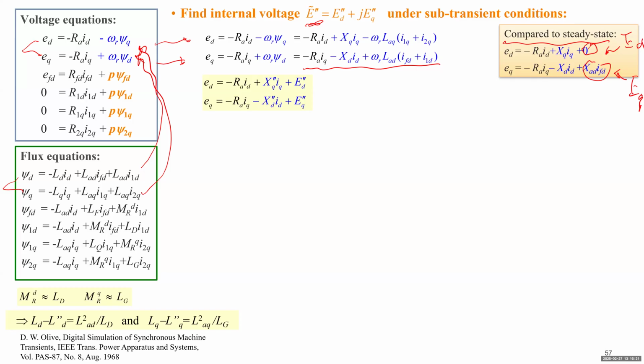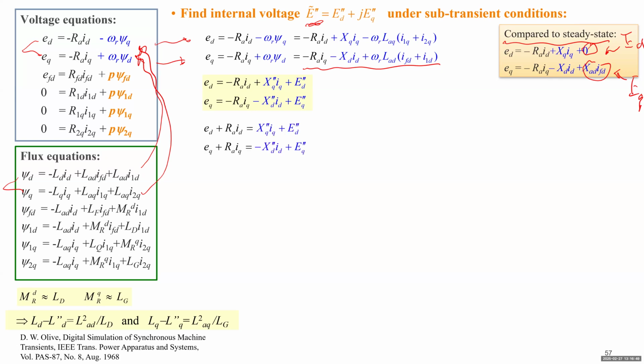So this will have the same structure as the steady state equations, and we just need to figure out a formula describing ED double prime and EQ double prime. XD double prime, XQ double prime are already defined. If you use the hard copy from the previous lecture, I missed a minus sign here. That's just a typo, but you can easily tell.